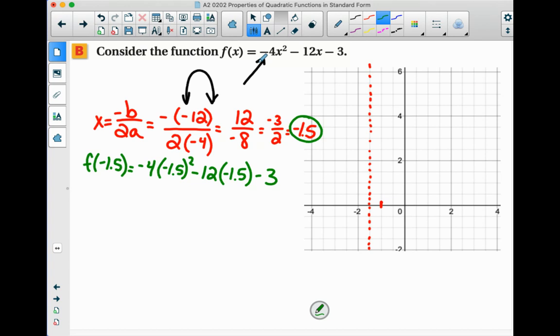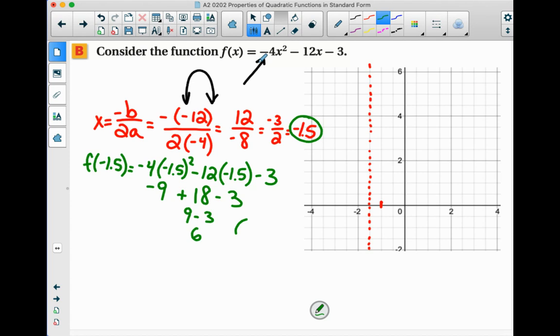Okay, negative 1.5 squared is 2.25. I believe, let me double check that. 1.5 squared, 2.25 times negative 4 is negative 9. Negative 12 times 1.5 is positive 18. Negative 9 plus 18 is 9, minus 3 is 6.